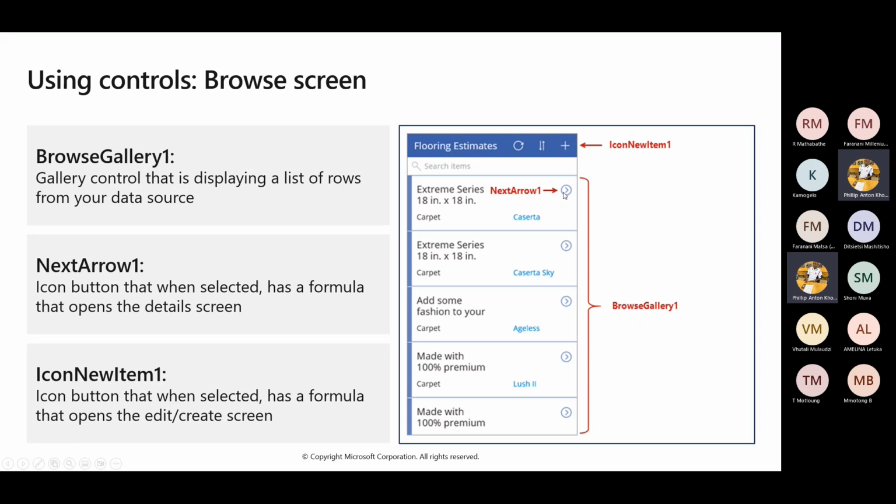This arrow is essentially for you to view that specific item. Let's say here I have extreme series, and once I click this arrow, it should take me to details about this extreme series. It should give me all the information there is about this extreme series. As you can see, it's an icon that, when selected, has a formula that opens the detail screen.